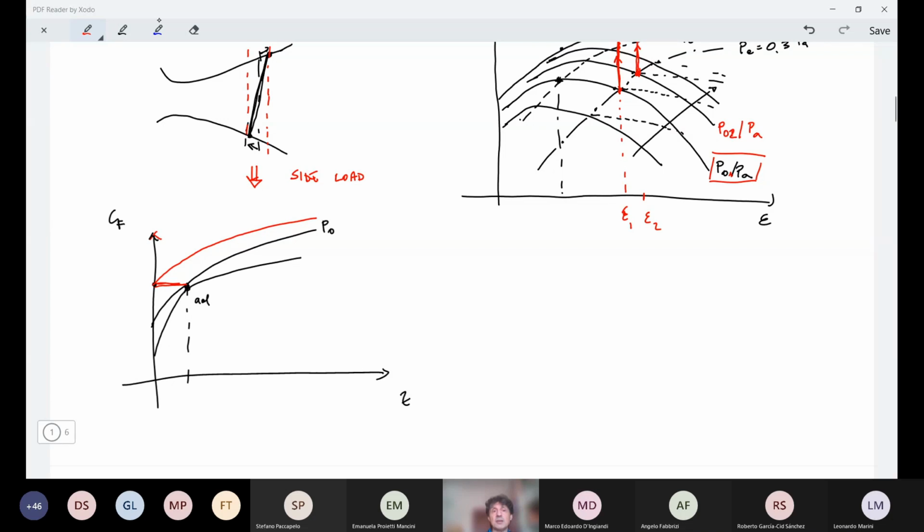And of course it will not be this line. This is the P0 prime, which is a higher pressure. We will follow this line.